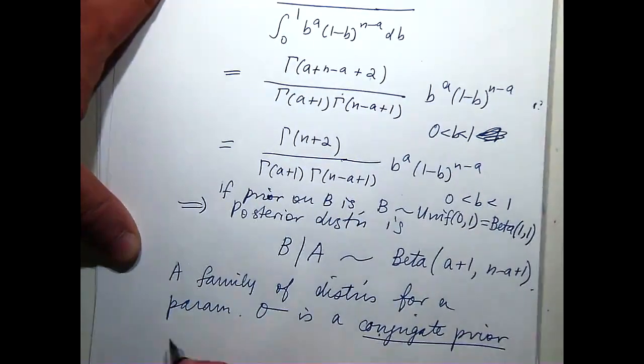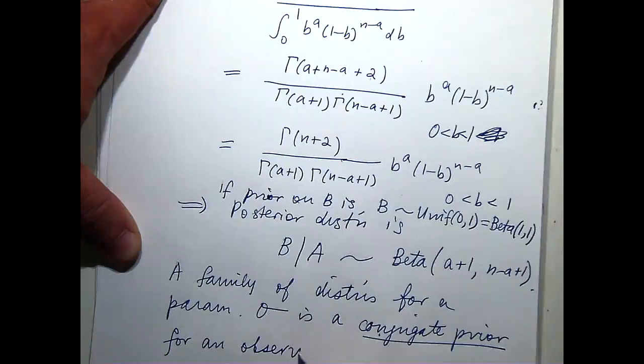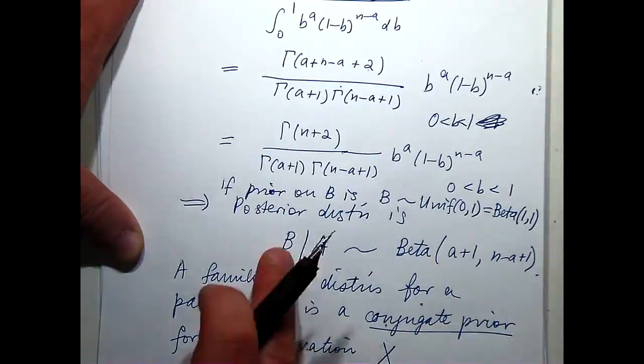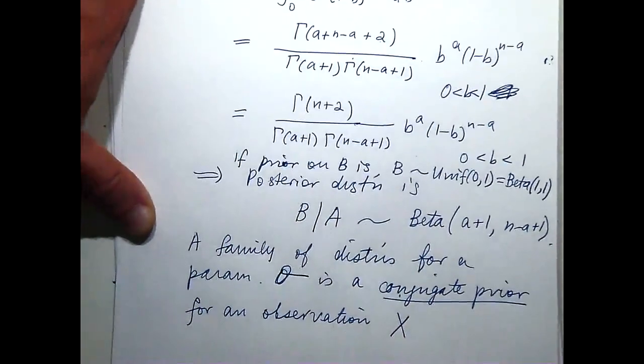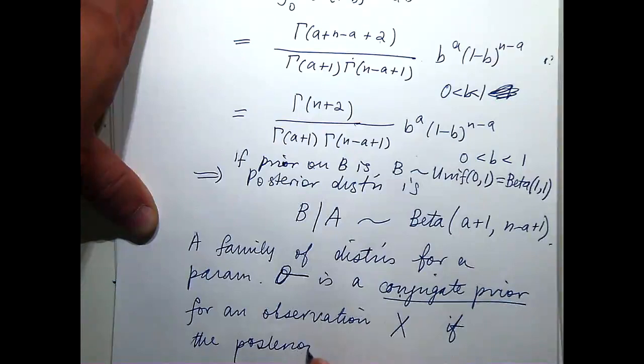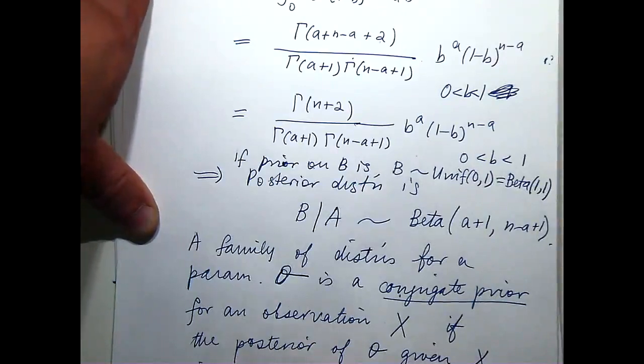A conjugate prior for an observation x. So all of a sudden I'm going back to more traditional notation, theta for the parameter and x for the observation, whereas b was the parameter and A was the observation. Conjugate prior for an observation x, if the posterior of theta given x is a member of the same family.